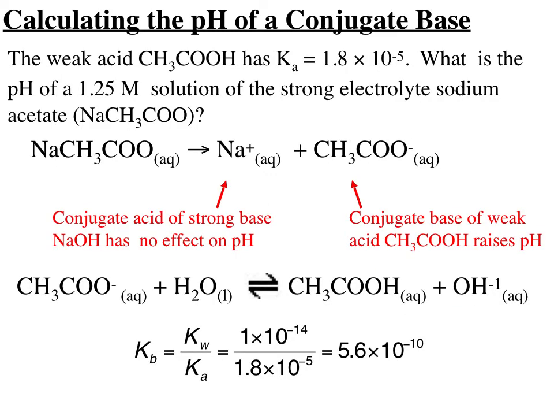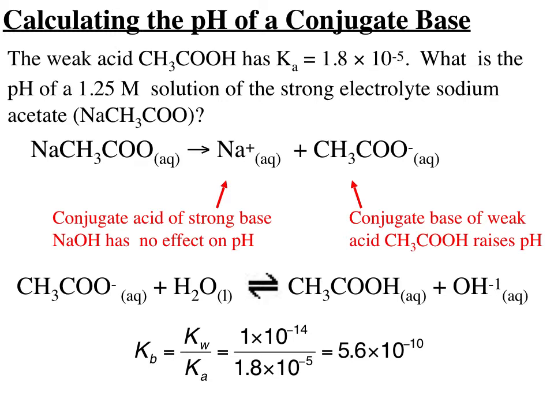The next type of calculation we're going to do in today's lab is calculating the pH of a solution that is altered by using a strong electrolyte containing a conjugate base of a weak acid. Now we didn't go into acid-base and conjugate theory.